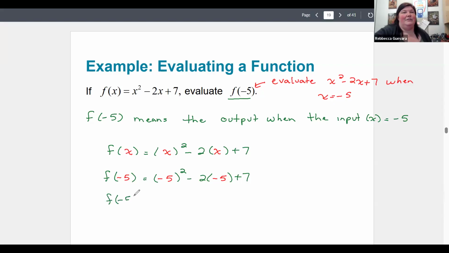Anyways, if I do figure that out, f of -5 is going to be -5 squared, which is 25, minus 5 times -2, which is plus 10, plus 7. That is going to be 42.